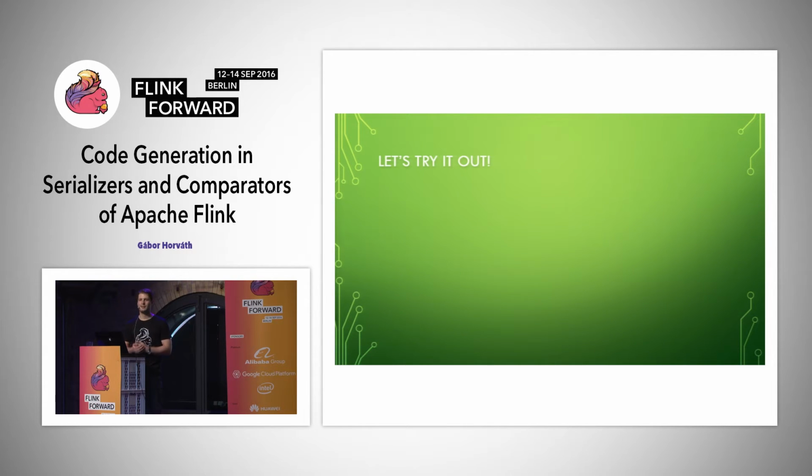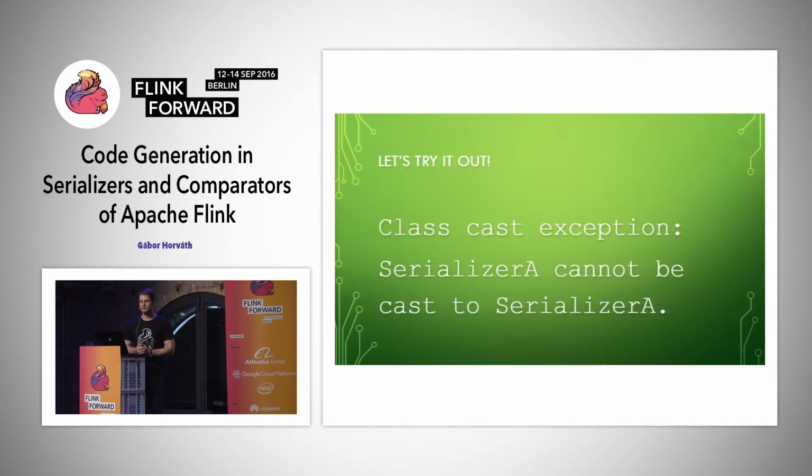So great, let's try this solution out. And when I did so, I got a class cast exception that the JVM wasn't able to cast a class to the same class.